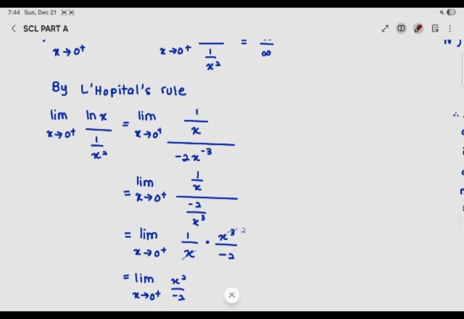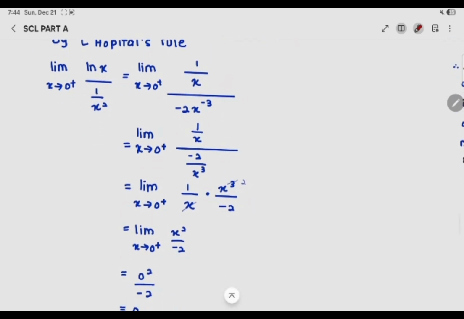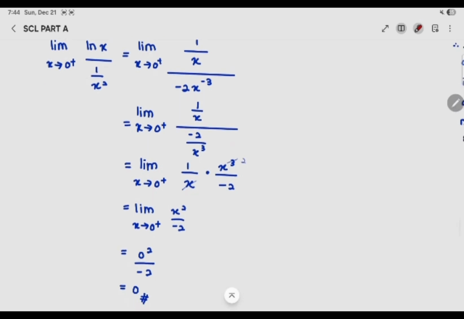By L'Hopital's rule, we differentiate the numerator and denominator. The derivative of ln x with respect to x is 1 over x. The derivative of 1 over x squared with respect to x is negative 2 over x cubed. After differentiating, the limit becomes the limit as x approaches 0 from the positive side of 1 over x divided by negative 2 over x cubed.